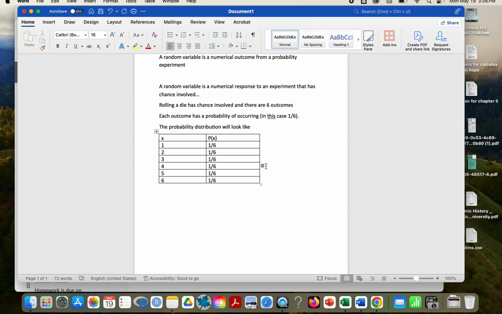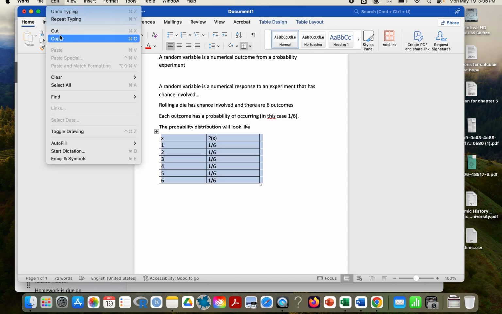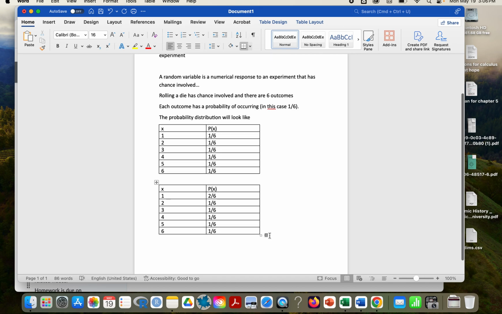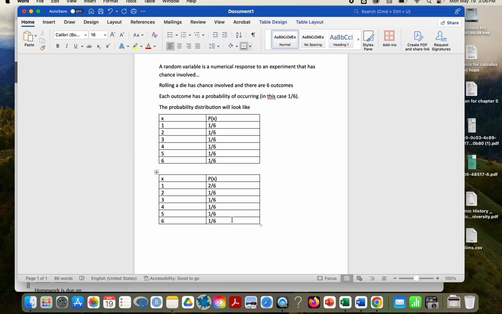So if you saw a table that looked like this, and I will duplicate this, and you had here instead 2/6, and all of the others are 1/6, this would not be a probability distribution because the sum is greater than 1. If this was a negative 1/6 and then this was a 3/6, still a problem.